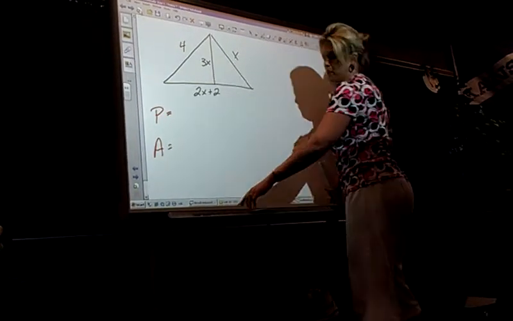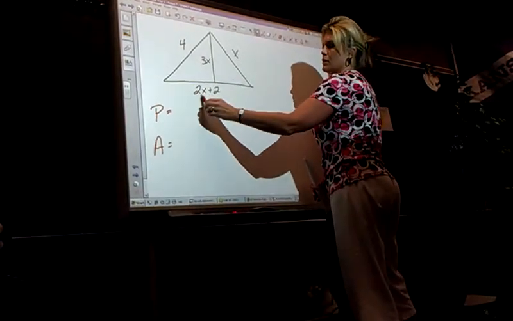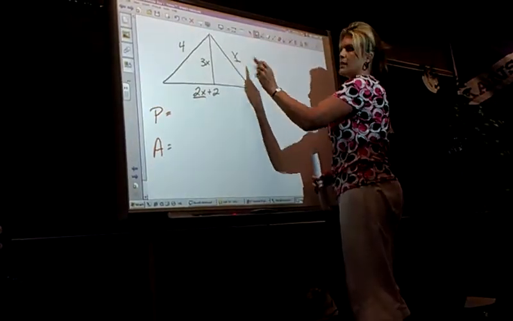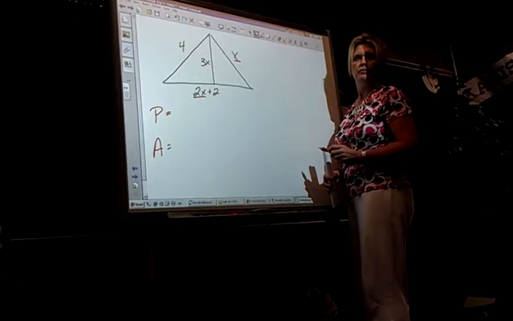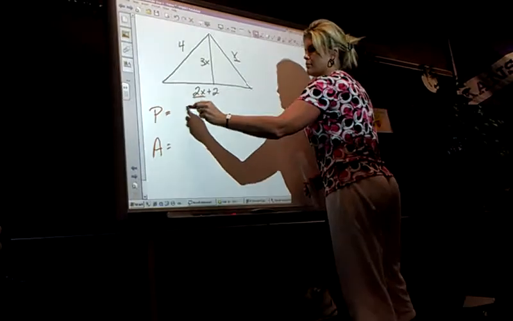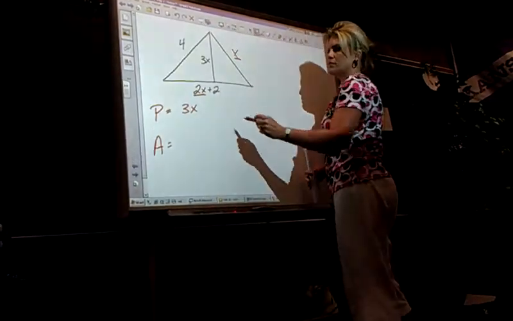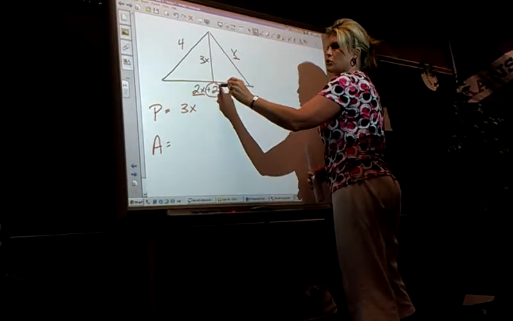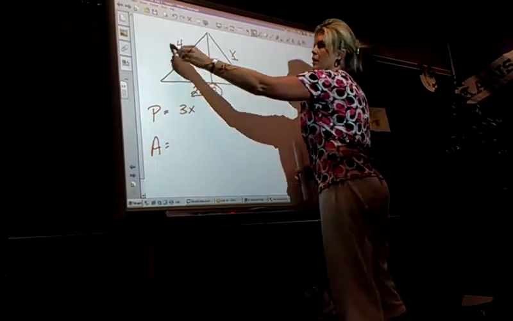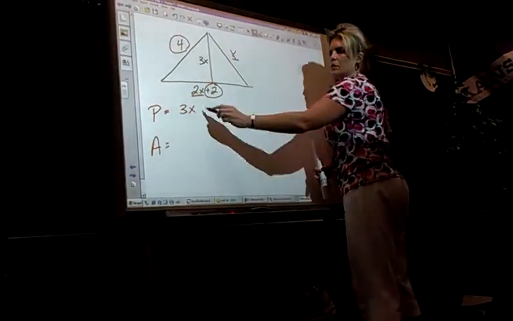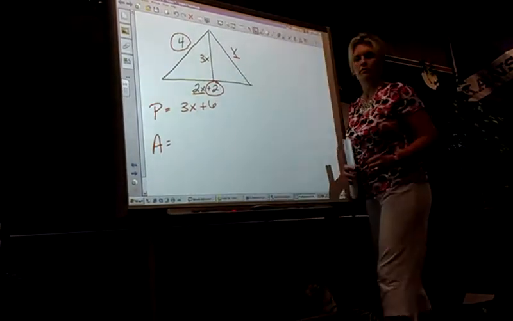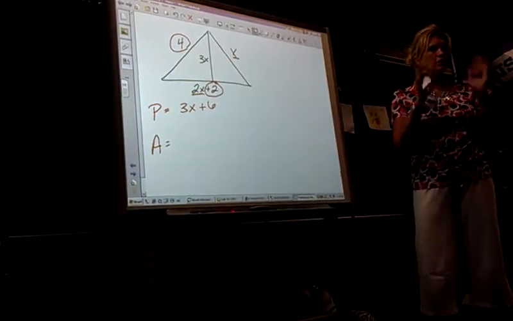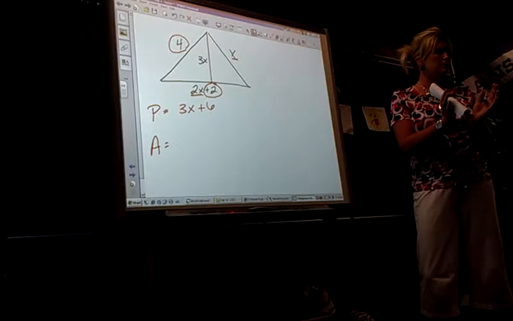So if I add up all my sides, 2x and x, how many x's do I have? 3x. And my units? 2 and 4 plus 6. That's my perimeter. All you did was add up what's on the outside.